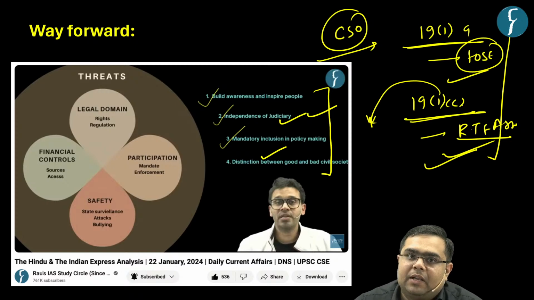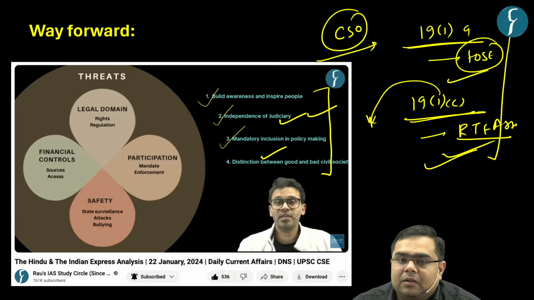The state cannot obviously ask for reasonable classification from the standpoint of the common people, but the state should also have the equal capacity of reasonably classifying which NGOs may be troublemakers and which NGOs are genuinely working on the ground. So these are the suggestions and way forward with respect to the functioning and improvement of the status of NGOs in India.